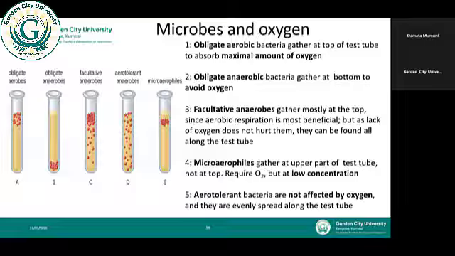They will use other means to undergo anaerobic respiration. The microaerophilic need oxygen but only in small concentrations, so they will come to the upper part, but below the very top. I hope it's clear.